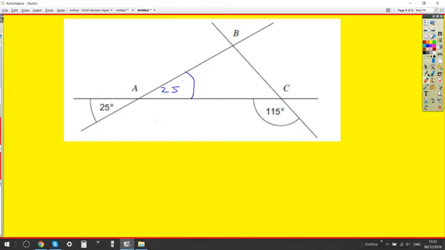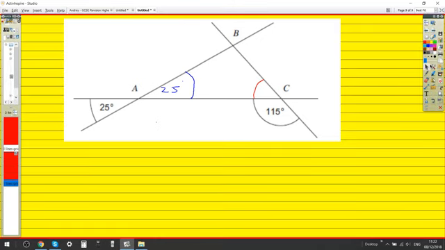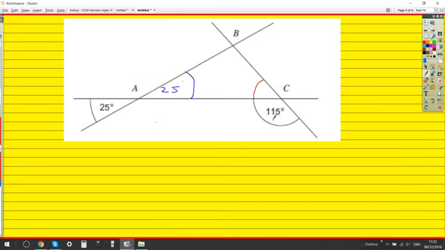Anything you notice about it and the 115? The two of them add up to make a straight line. Oh, okay. And is a straight line 180? Yeah. So that'd be 65.